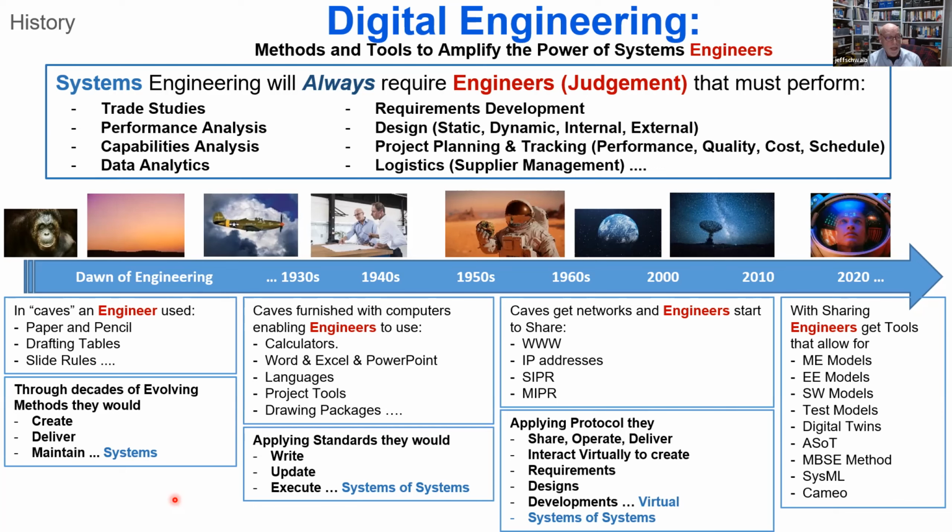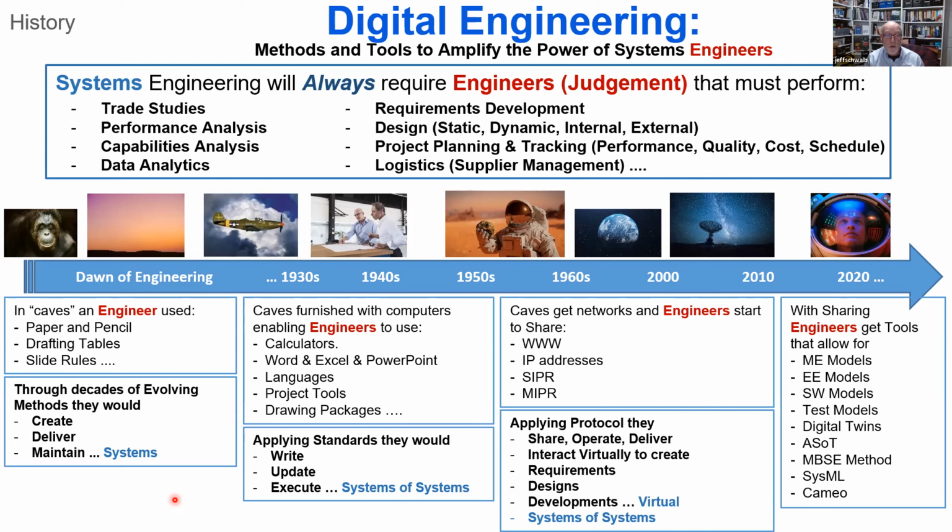But through a few decades of evolving methods, they'd create, deliver, and maintain systems. From my DoD perspective, and especially Navy, think of airplanes and weapon systems in World War I and World War II to defend our freedom, to make the world better, and all of the other things that have happened. That's what we started as.